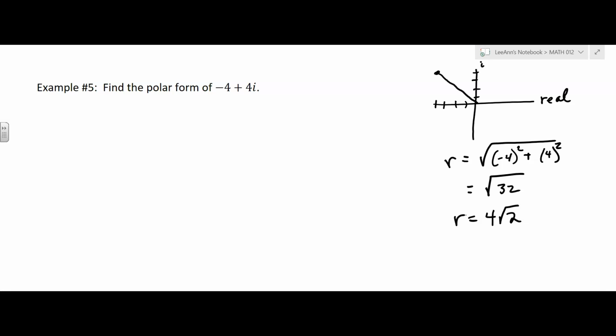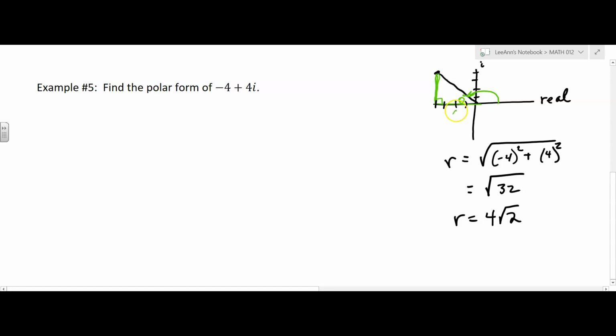In order for me to put it in polar form, I need to find r. But what is theta going to be? We're talking about this right here, right? Now, you can think about the triangle here that's formed, that right triangle. And you can think about a reference angle here, theta prime, for the reference angle.